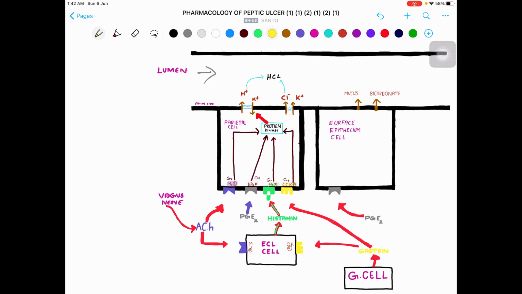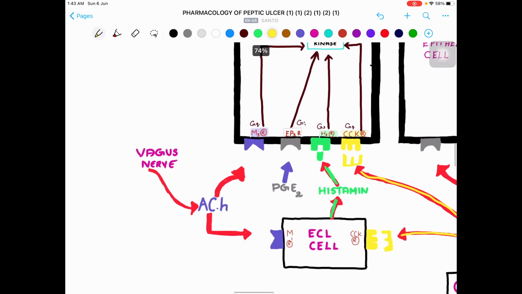G cells produce gastrin, and this gastrin binds to the ECL cells and increases the histamine, which binds to the H2 receptor, leading to increased HCl production. Also, gastrin can bind directly to the parietal cell and increase the HCl production.